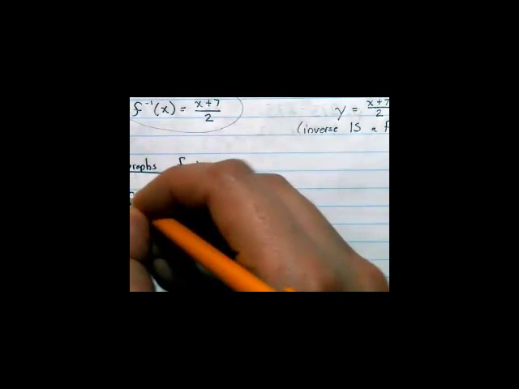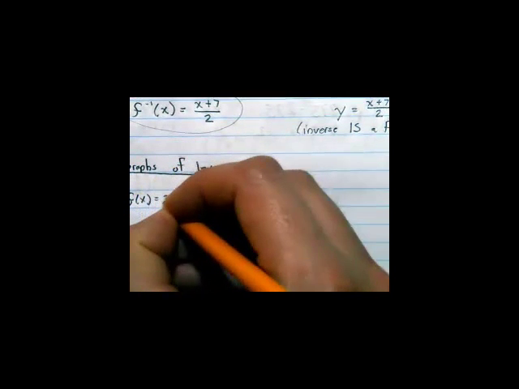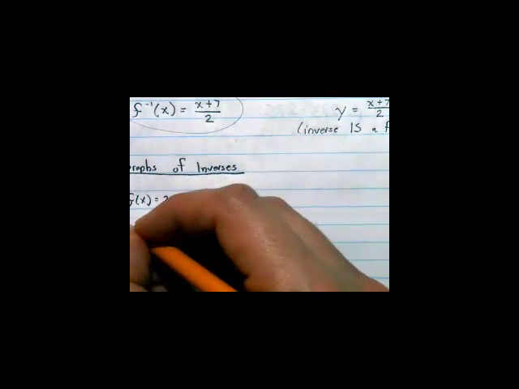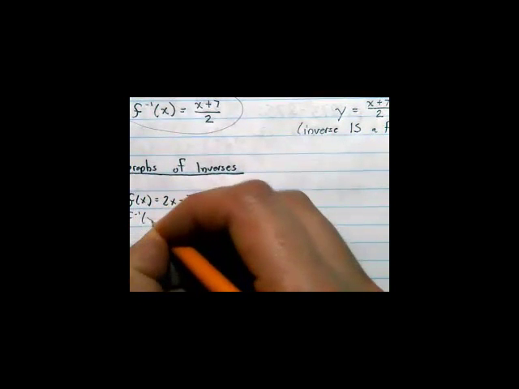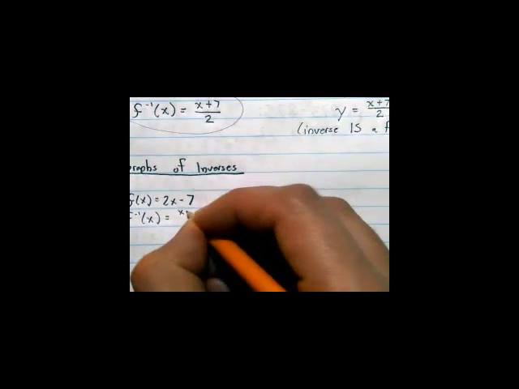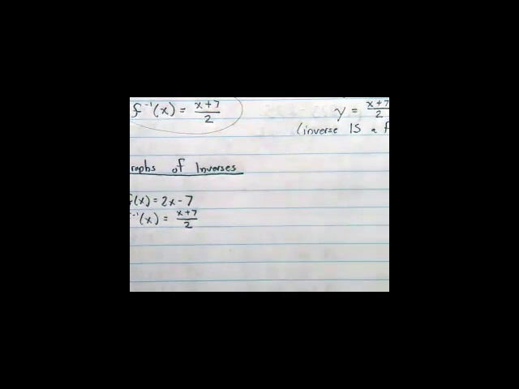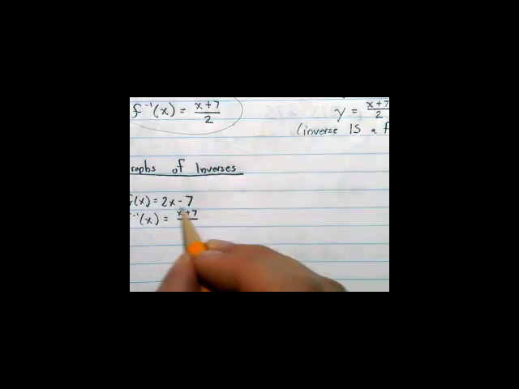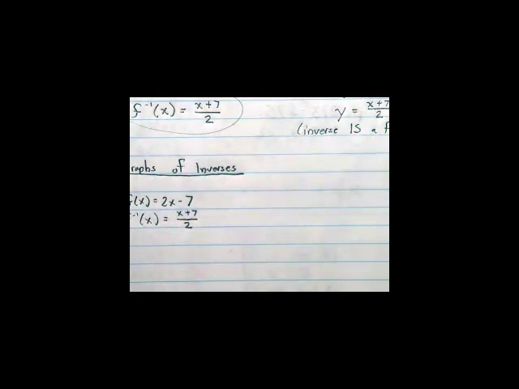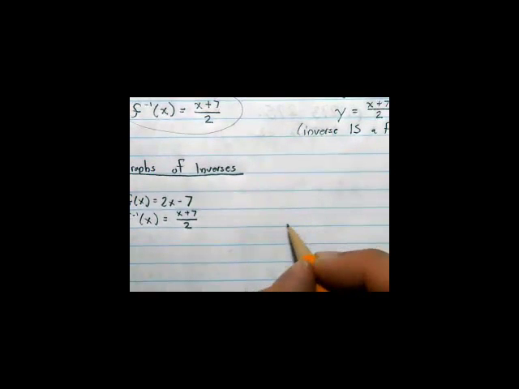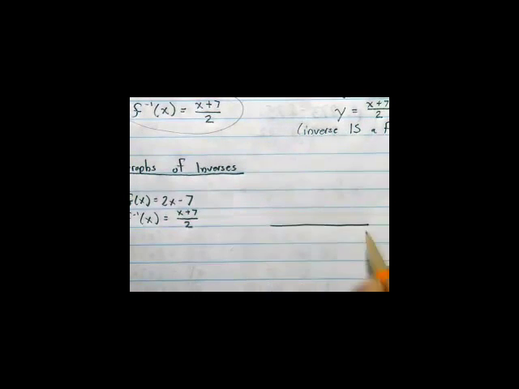So if you graph f of x equals 2x minus 7, and then with it f inverse x plus 7 over 2. All right, and be careful, this one, make sure the x plus 7 is in parentheses when you type it in. And then just go off to the side here, take a minute, and kind of just sketch what you see.